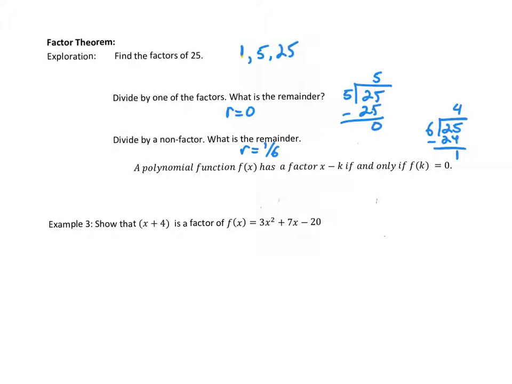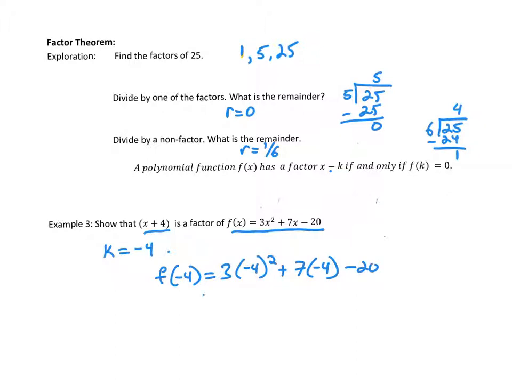So look at this example here. What is our k? Well, in this case, this is our factor. So what is our k? Think about that first. What are we going to actually plug in? So k, and notice that this is positive here, so that means we actually have to change the sign. So k equals -4. All right, let's go ahead and plug that in. f of -4 equals 3 times -4 squared plus 7 times -4 minus 20.